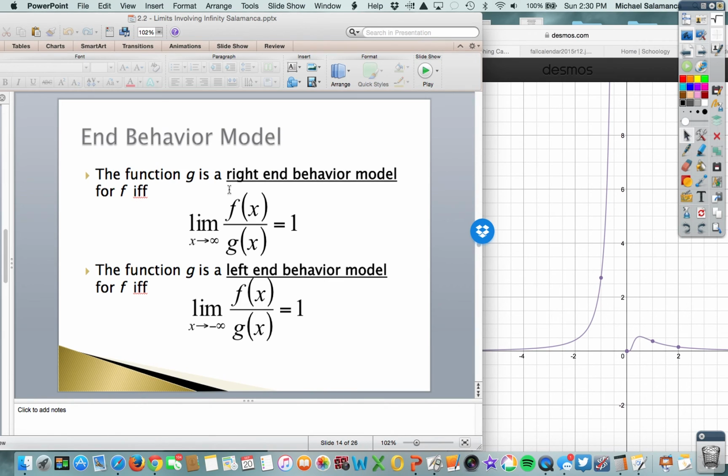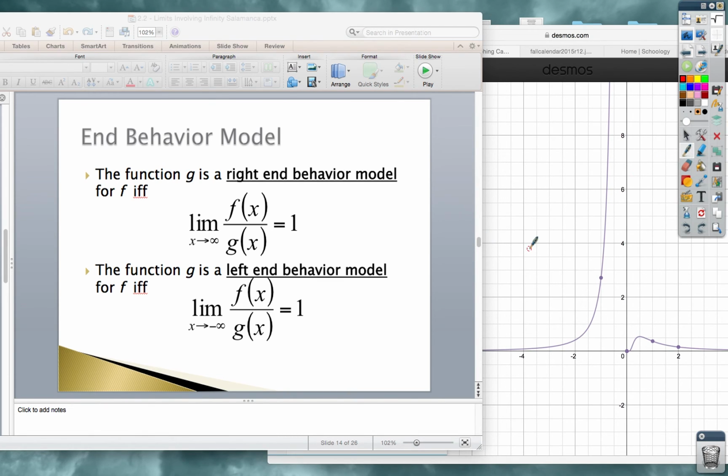So, an end behavior model. Now, this is the formal definition. We're going to go into something a little bit simpler in a second, but I wanted to at least expose you to it. It says the function g is a right end behavior model for f if and only if, that's what the IFF means, if and only if the limit as x approaches infinity of f of x divided by g of x is equal to 1, and the function g is a left end behavior model for f if and only if the limit as x approaches negative infinity of f of x divided by g of x is equal to 1.